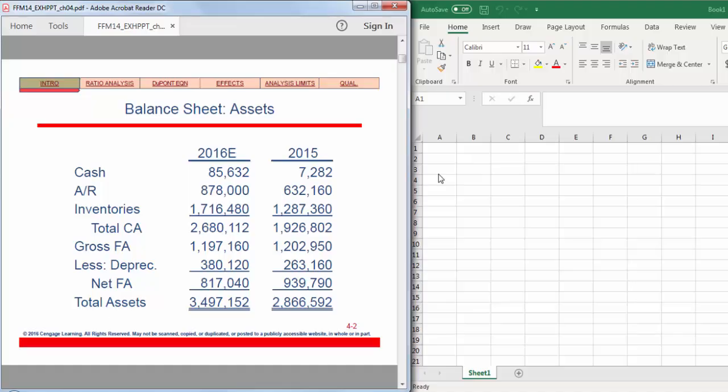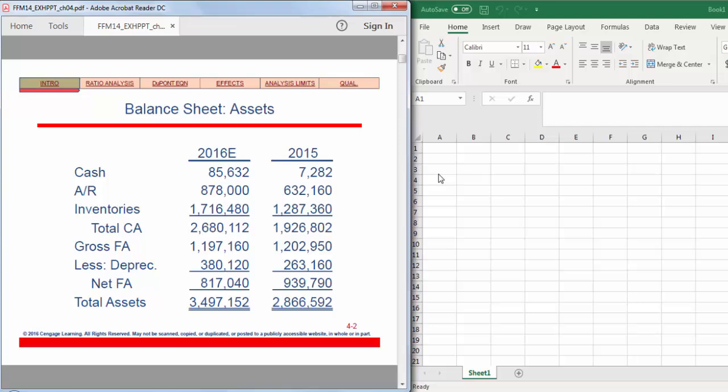Because if you recall in the mock statements that we had discussed in chapter 3, there seem to be some problems related to the cash levels of the firm. We see that the accounts receivable is increasing, and so is the inventory.